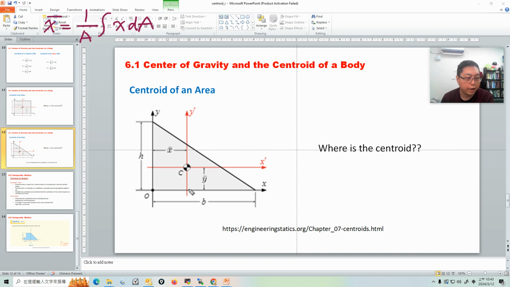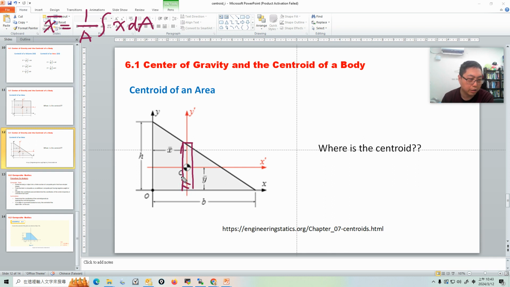When trying to find the x coordinate of the centroid, we will make a slice like this. We divide a tiny slice on this area.